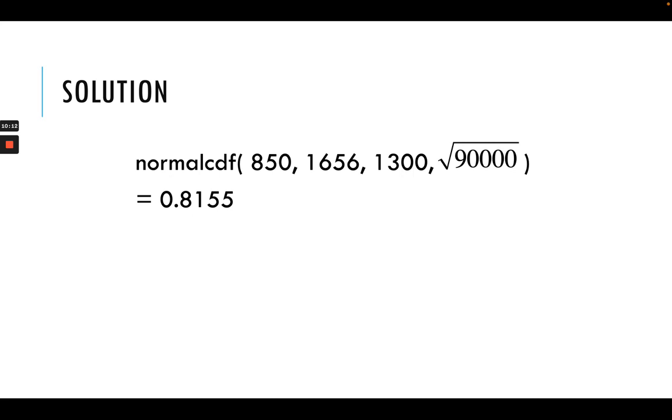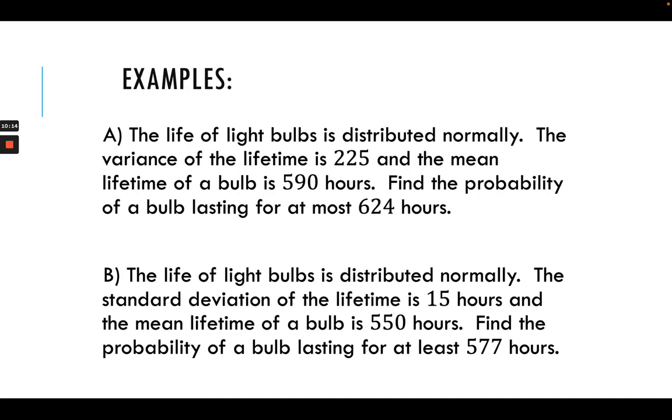Let's take a look at two more problems. Let's say the life of light bulbs is normal. Let's say the variance of the lifetime is 225 and the mean lifetime is 590 hours. Let's find the probability of a bulb lasting for at most 624 hours. And so that's for A. For B, let's say the life of light bulbs follows the normal curve.